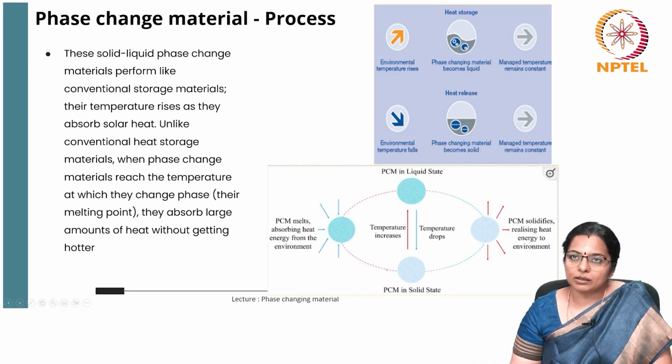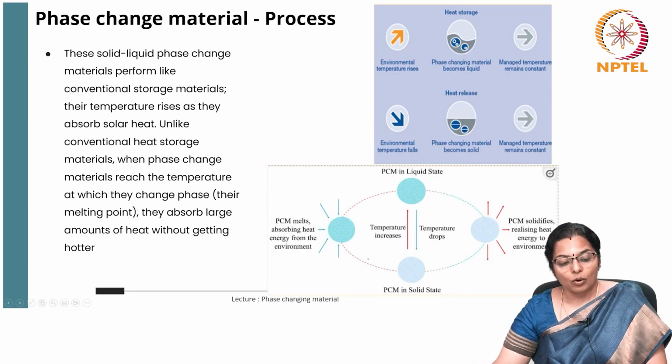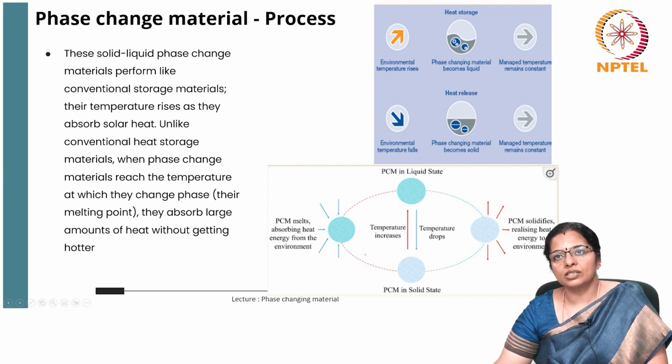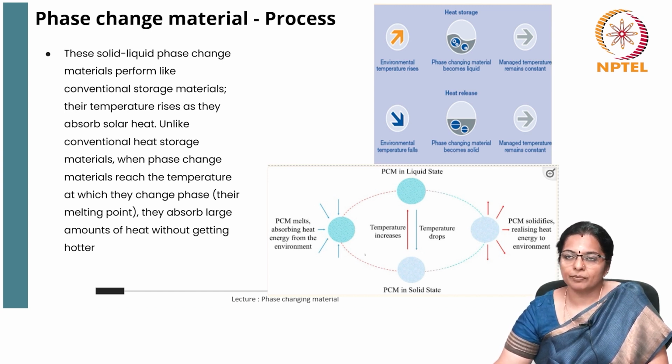Now, PCMs absorb and emit heat while maintaining a nearly constant temperature. Within the human comfort and electronic equipment tolerance range of 20 degrees centigrade to 35 degrees centigrade, latent thermal storage materials are very effective. These solid liquid phase change materials perform like conventional storage materials. Their temperature rises as they absorb solar heat.